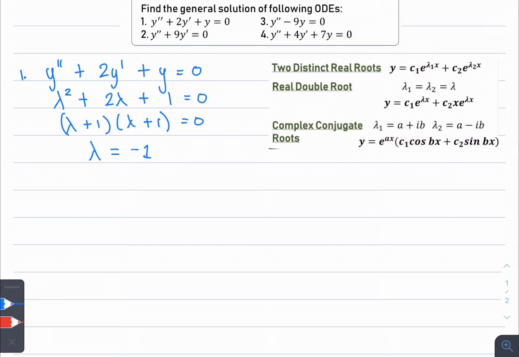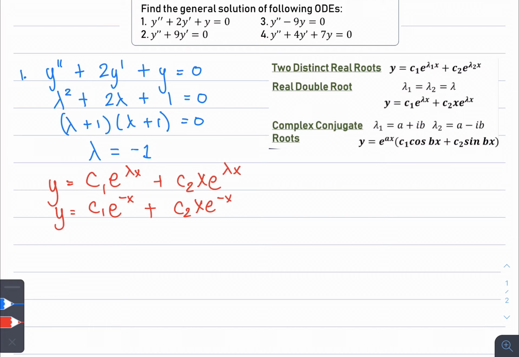So yung form natin will follow y equals c sub 1 e lambda x plus c sub 2 x e lambda x. So we will just substitute the value for lambda. So that is y equals c1 e negative x plus c2 x e negative x. So that is the answer for number 1.